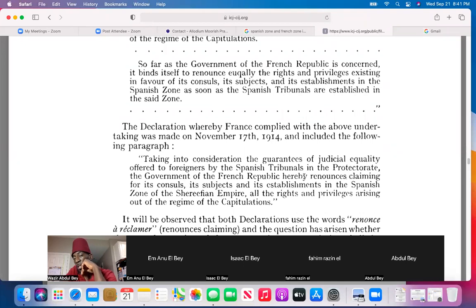Taking into consideration the guarantees of judicial equality offered to foreigners by the Spanish tribunals in the Protectorate, the government of the French Republic hereby renounces claiming for its consuls, its subjects, and its establishments in the Spanish zone of the Sharifian Empire, and we know that the Sharifian Empire is the Moroccan Empire, same thing, all the rights and privileges arising out of the regime of the capitulations.